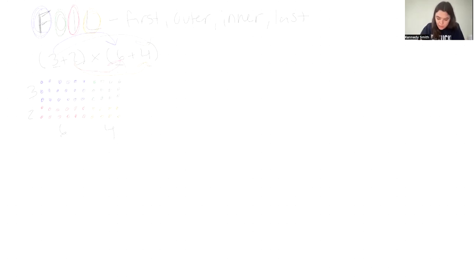And so over here, I'm going to go ahead and write FOIL. And we can see that that brings us to 3 times 6 for the first, 3 times 4 for the outer, 2 times 6 for the inner, and 2 times 4 for the last.